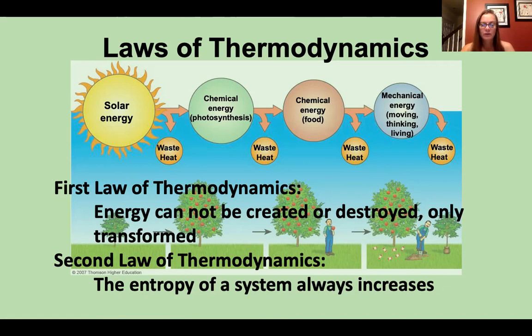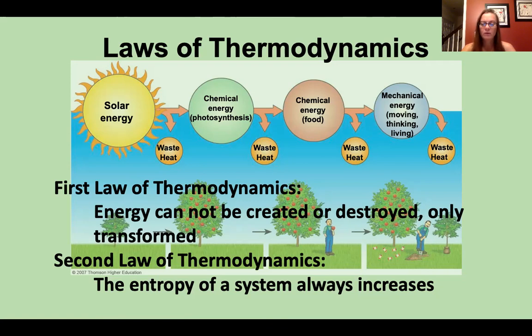So if we look at our background image here, we start out with a tree, and it receives energy from the sun and transforms it through photosynthesis into different forms of energy, stored forms of energy. So it's using photosynthesis to store the energy from the sun as glucose. We then eat those apples. So we receive chemical energy from our food.